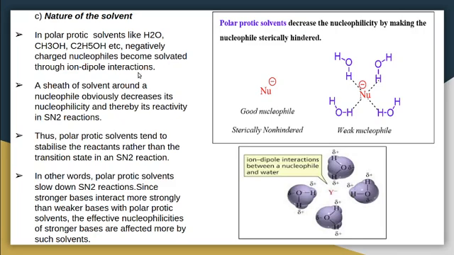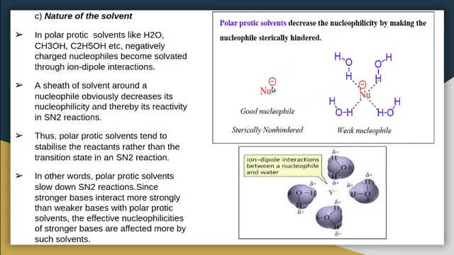So in an SN2 reaction, or nucleophilic substitution reaction by bimolecular mechanism, if we use a polar-protic solvent, that solvent will make a sheath or layer around the nucleophile.